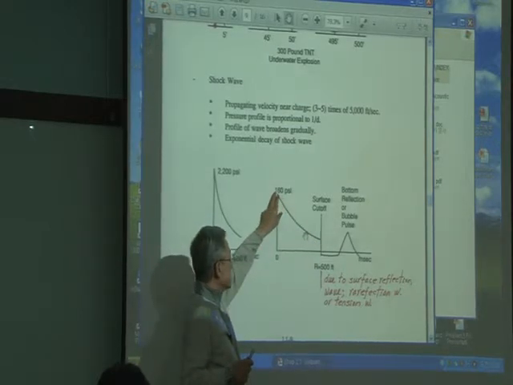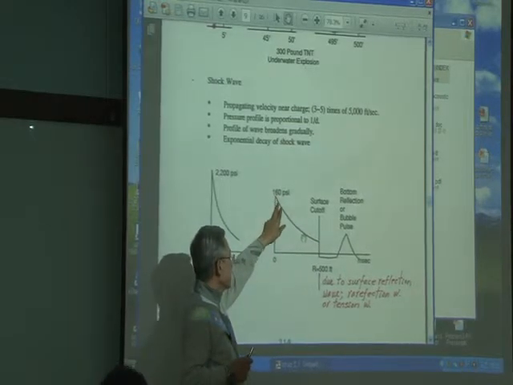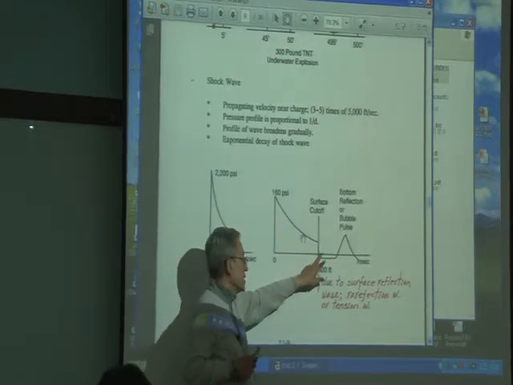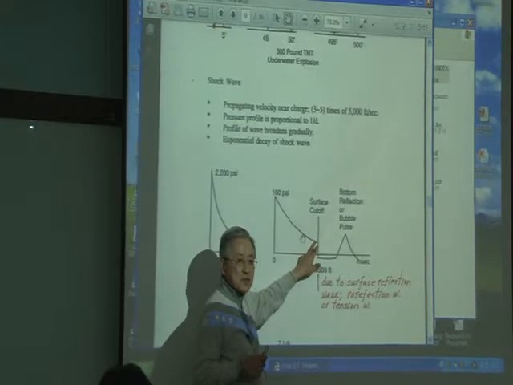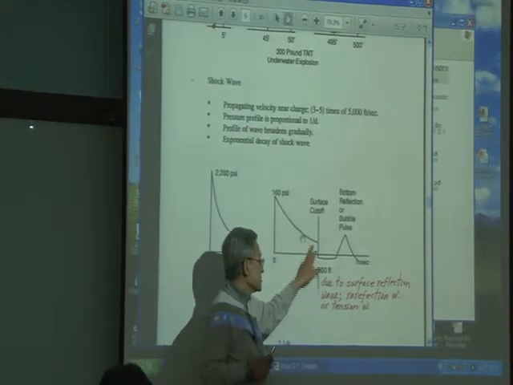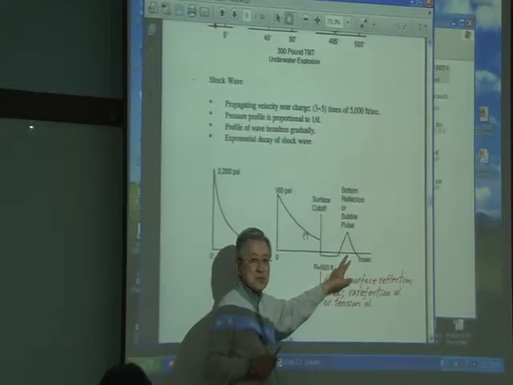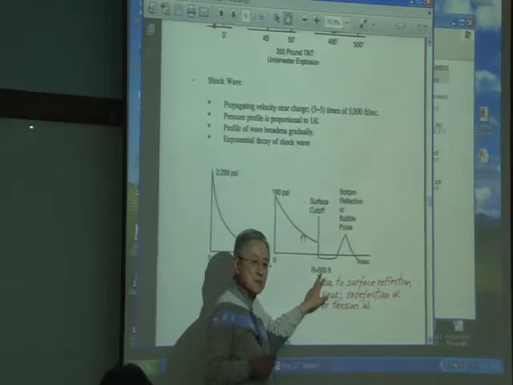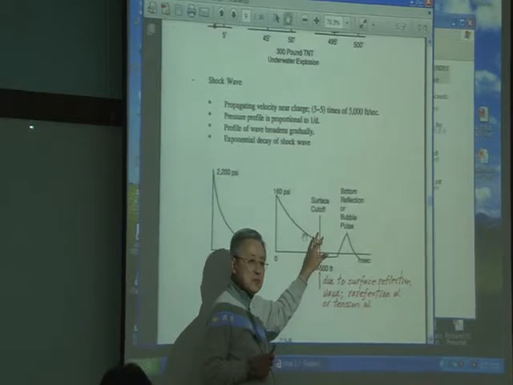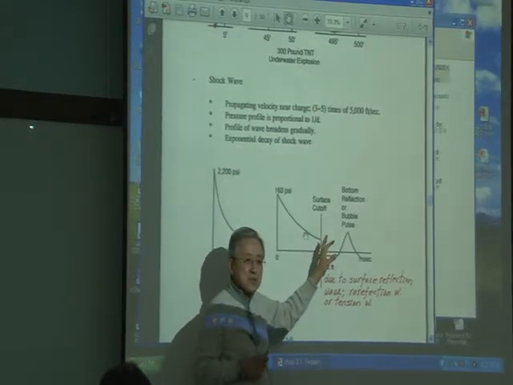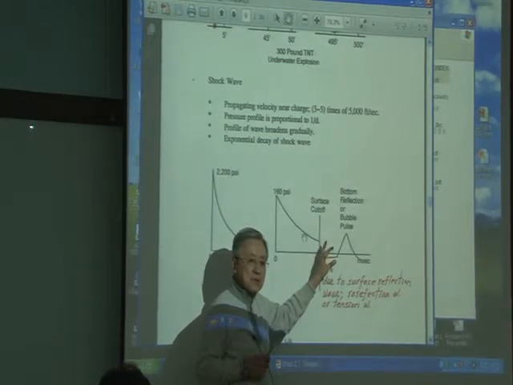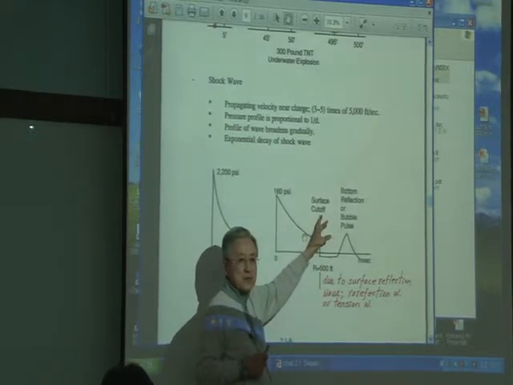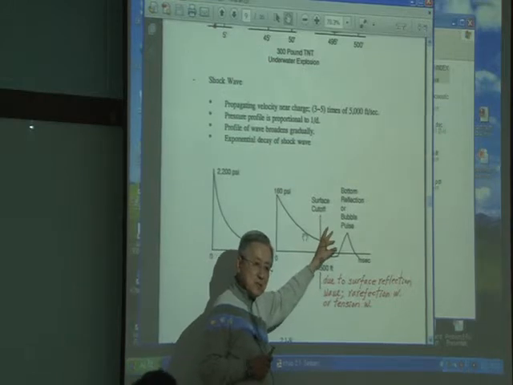So as the shock wave propagates, it's going to come down exponentially, and suddenly the shock wave cuts. It does not gradually come down to zero. It's simply cut due to the tension wave, called the rarefaction wave, which is the surface effect or surface cutoff.